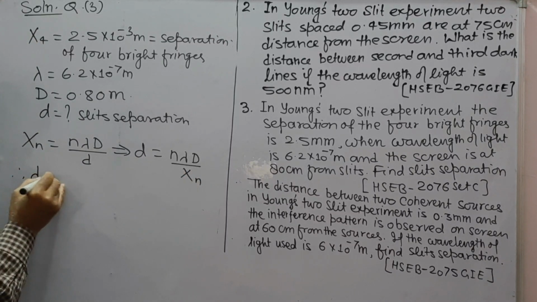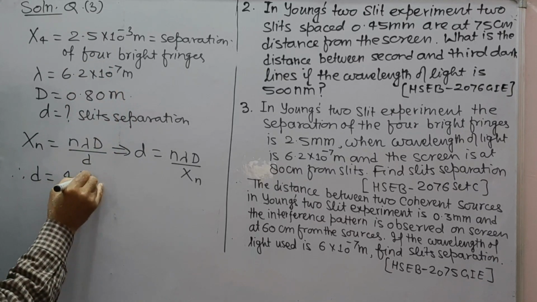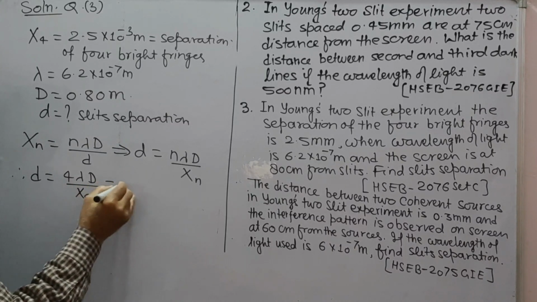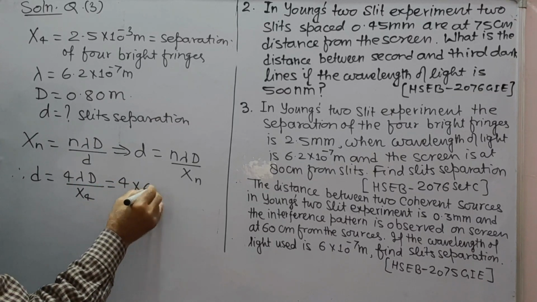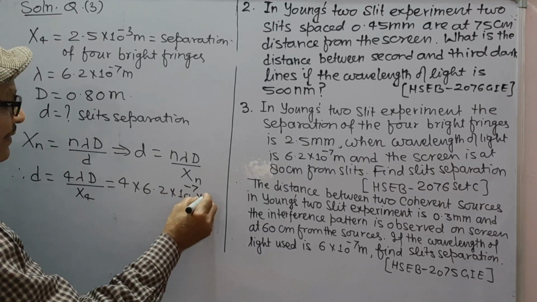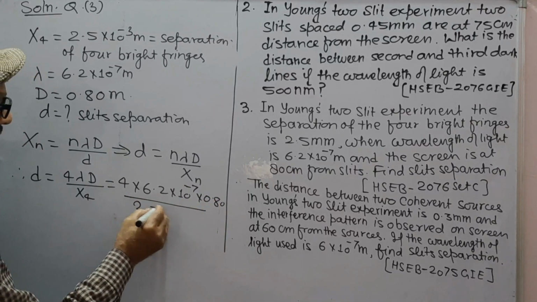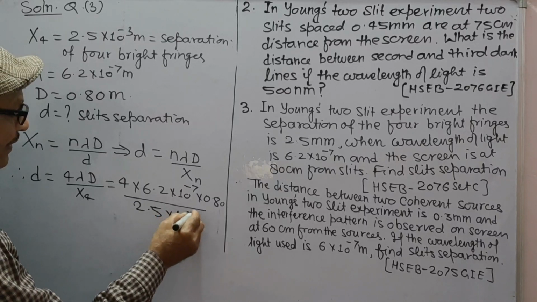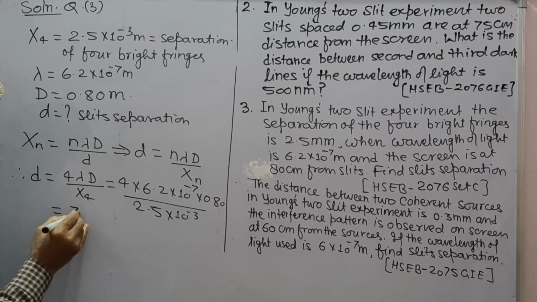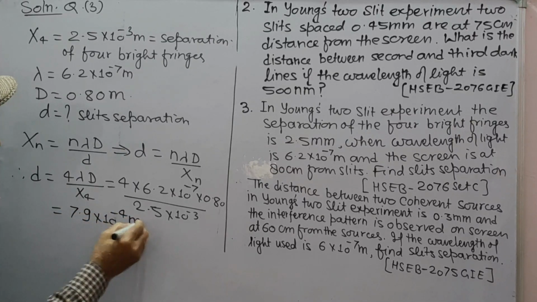Therefore, d will be equal to, here n is 4, so 4 lambda D by x4. 4 lambda is 6.2 into 10 to minus 7, D is 0.8, x4 is 2.5 into 10 to minus 3. So we get 7.9 into 10 to minus 4 meter.